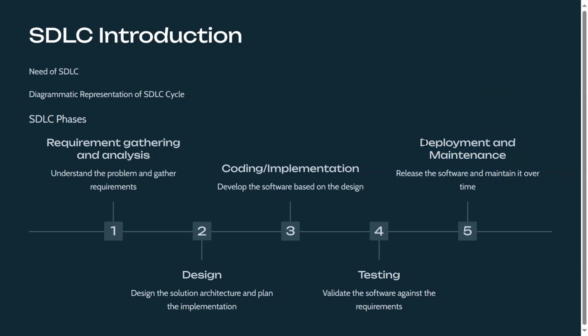And the last phase after deployment is the maintenance phase. Maintenance is nothing but, let's say our IRCTC application was developed in 2022. That means almost 23 years ago, the development was completed. But still maintenance activities are in place. What are those maintenance activities?